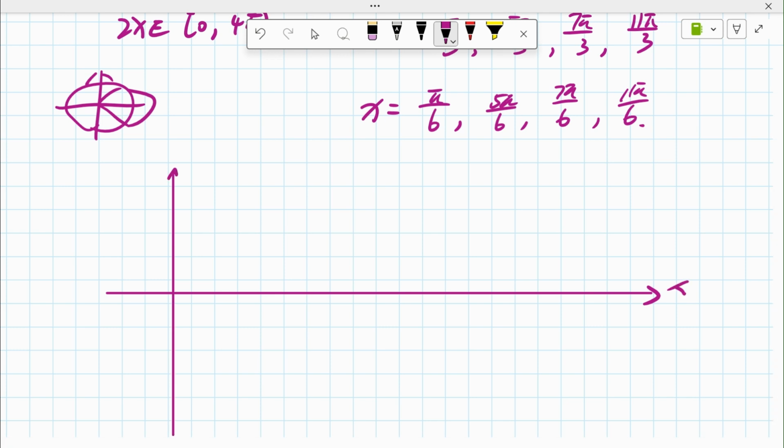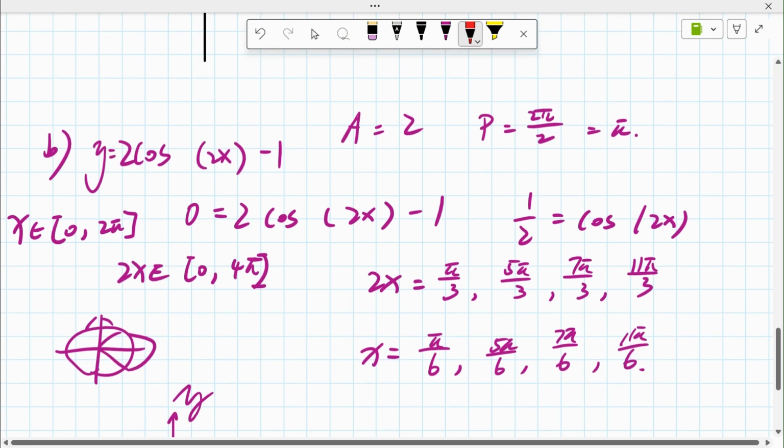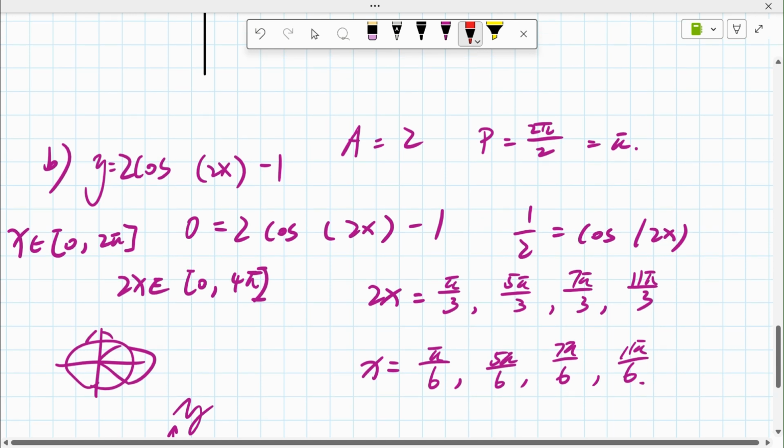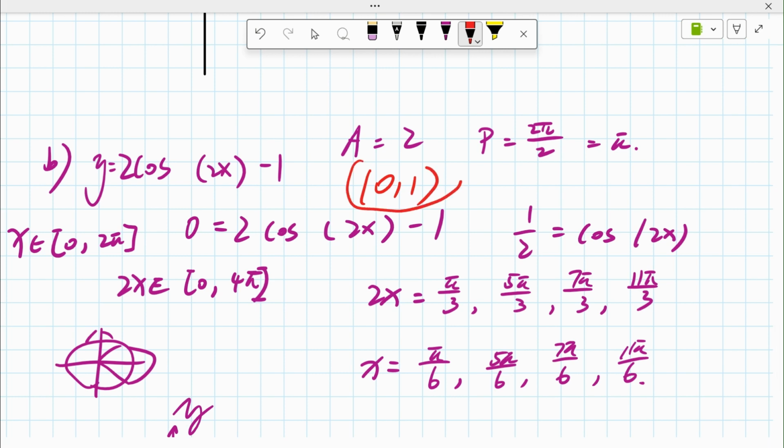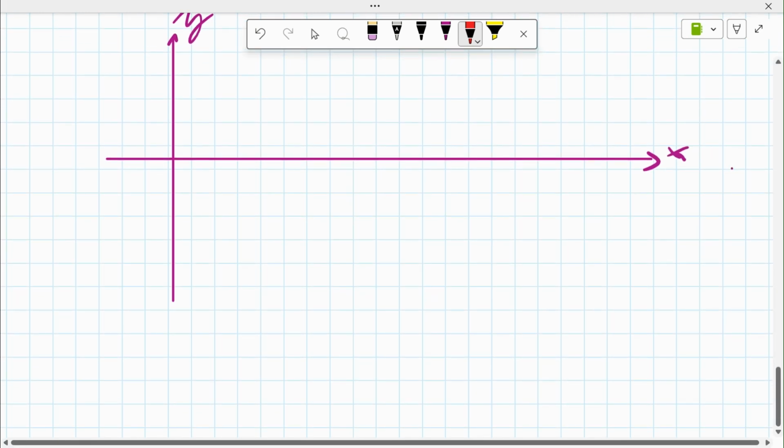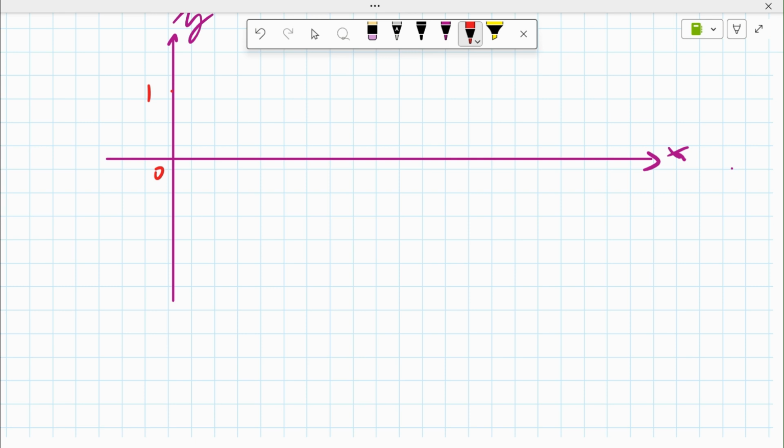So x and y. You find your y-intercept when x equals 0. So when x equals 0, 2 minus 1 equals 1, so 0, 1 is your y-intercept. First things first, you start with 1, that's 0, that's negative 1, and that's negative 2.